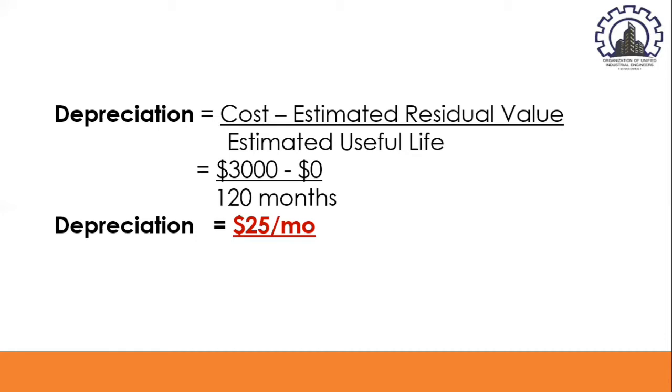As you can see, $3,000 was the purchase price of our equipment, minus the residual value of $0, and our estimated useful life is 120 months. Therefore, your depreciation is $25 per month.